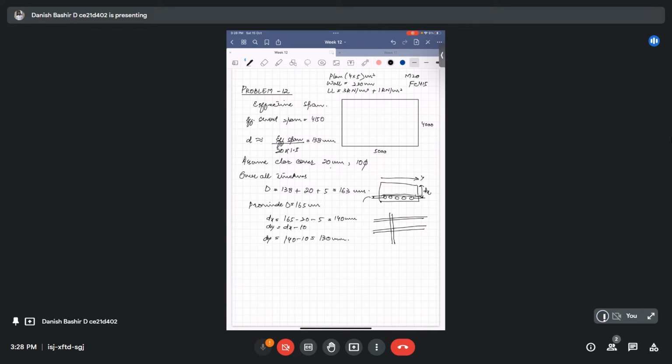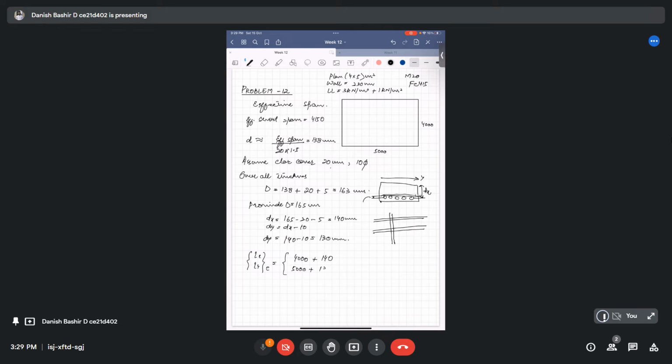So effective span we will calculate along both orthogonal directions as Lx, Ly, both are effective spans. Make sure that effective span is equal to clear span, that is 4000 along Lx, plus effective depth 140. And along Y 5000 plus effective depth 130.